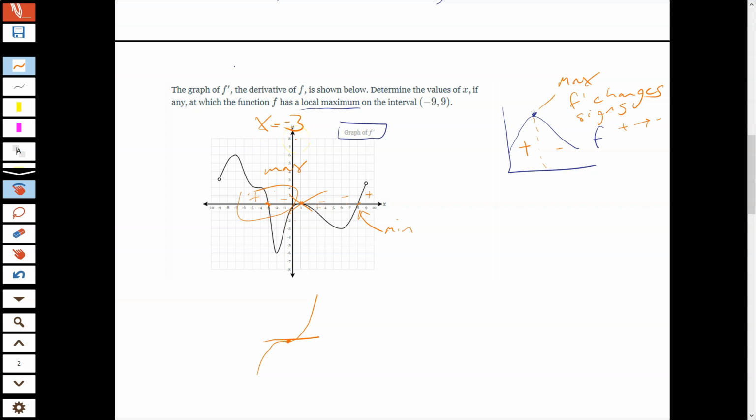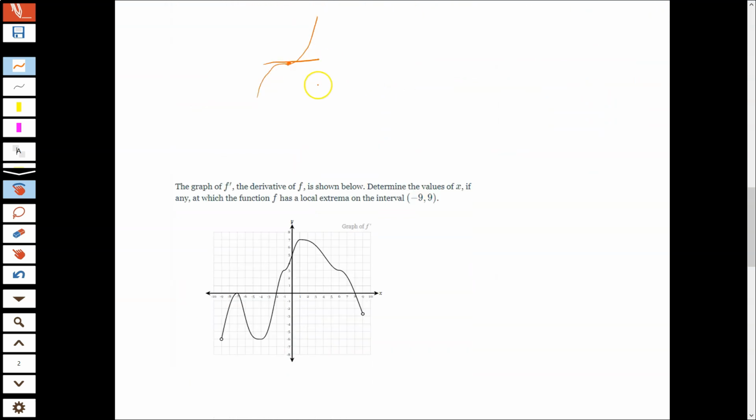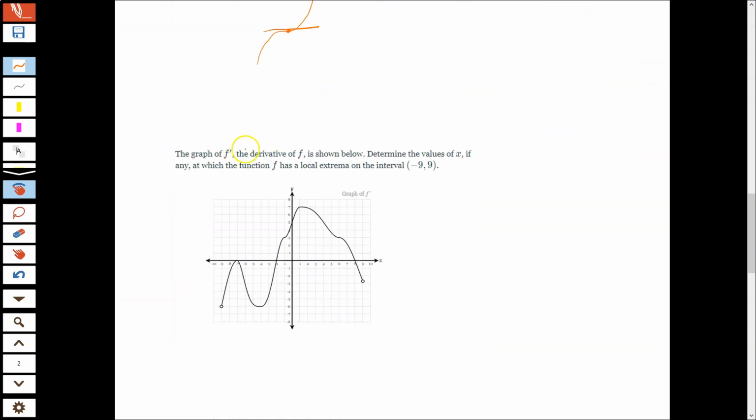Okay. We're going to do one more. Very similar problem. Here, we want local extrema. So at what points does f have a local extrema. So that just means either a minimum or a maximum. So maximum, we just saw the derivative changes from positive, so increasing, to negative.